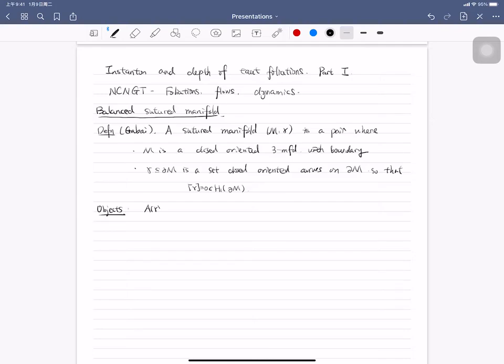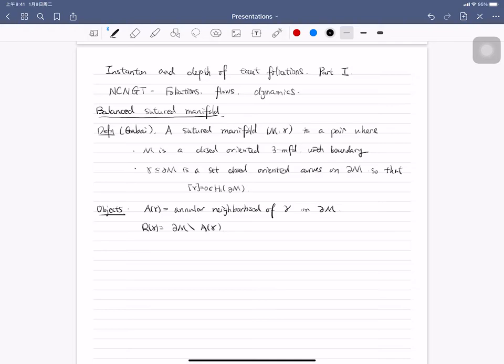A gamma is an annular neighborhood of gamma on the boundary of M. Gamma is a set of curves, and A of gamma is just its annular neighborhood, and R of gamma is the rest of the boundary.